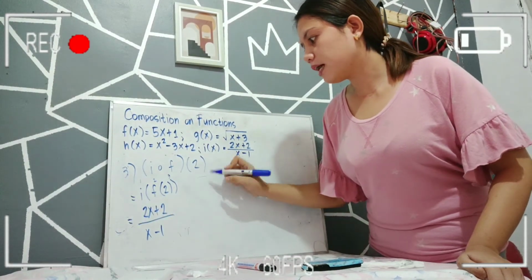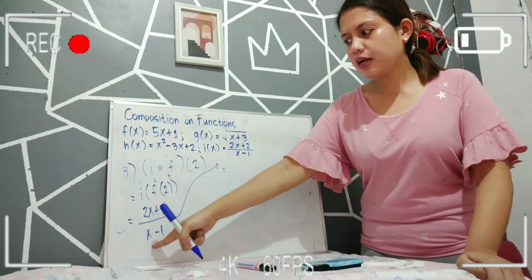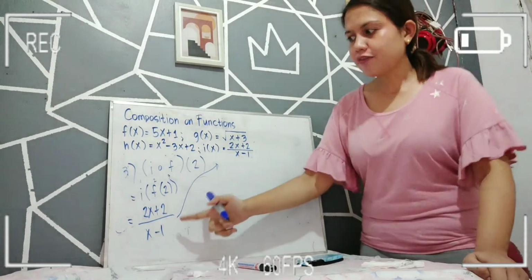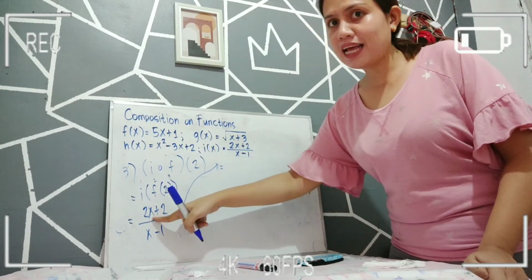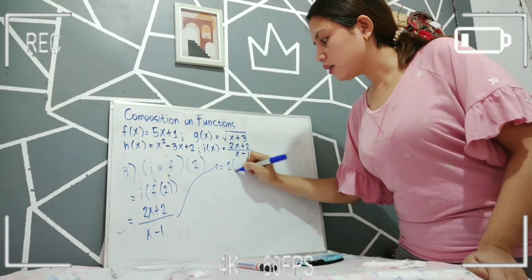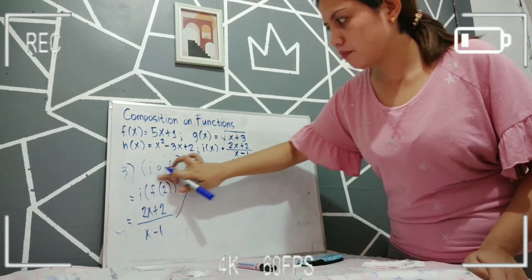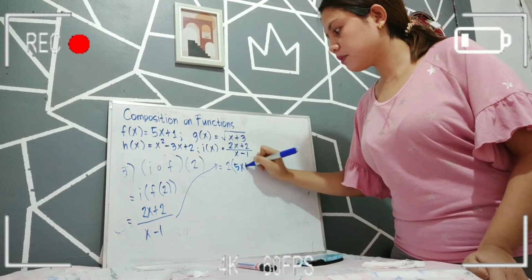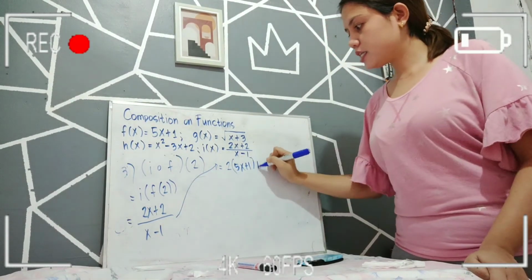Then followed by here. Instead of writing x, you change it by our function f. After this class is, instead of writing x, you change it by the equivalent value of f, which is, we have here 5x plus 1 plus 2.